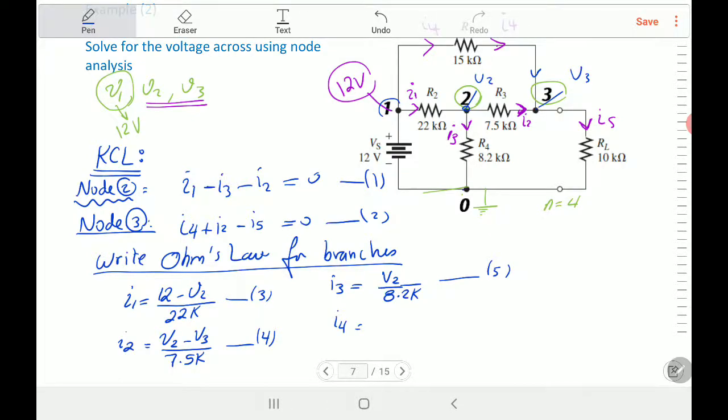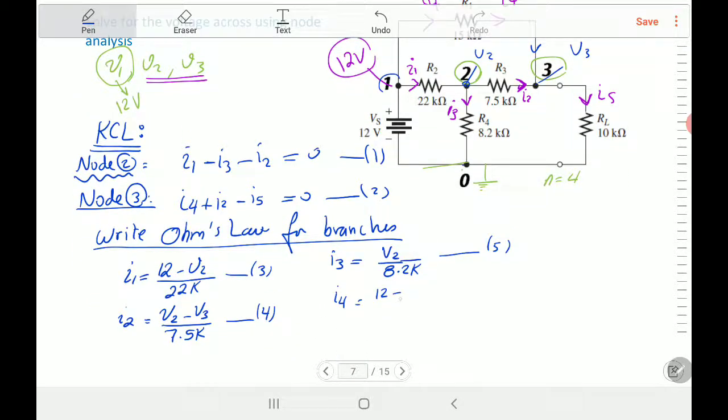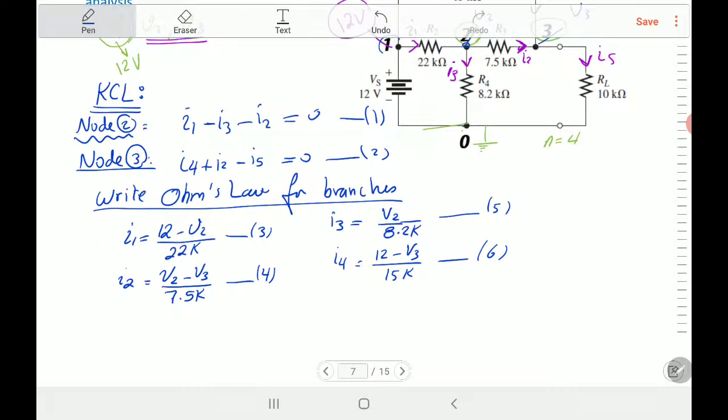That's I4, yes. This voltage minus this voltage over 15. This voltage is 12, and this voltage connected to V3, over the resistance of 15 kilo ohm. That's equation number 6.